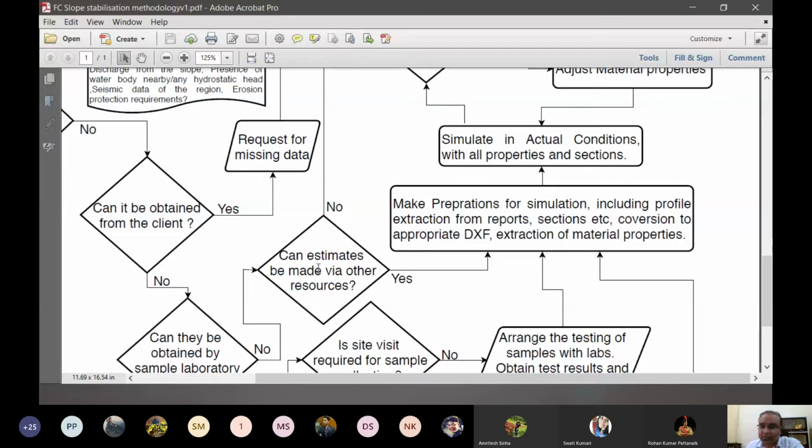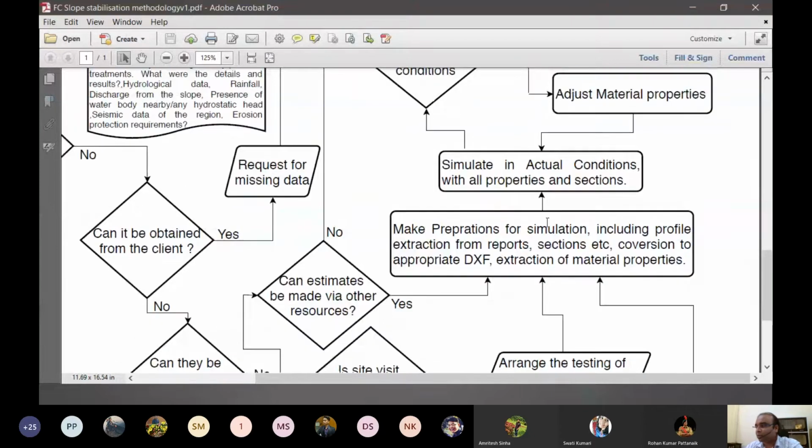For two-dimensional analysis, we require some sections, the cross-sectional profiles: how deep it is, as we were discussing in one of the examples today in rock slope technology, what the depth is, what the height is, and so on. These are all required. Then material properties, obviously, we try to find from other reports as well. So material properties and DXFs, basically cross-section profiles and all, we obtain.